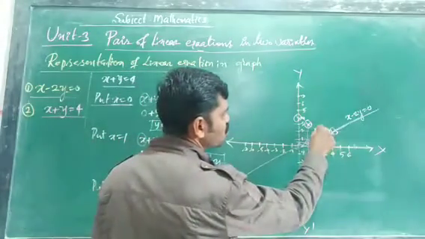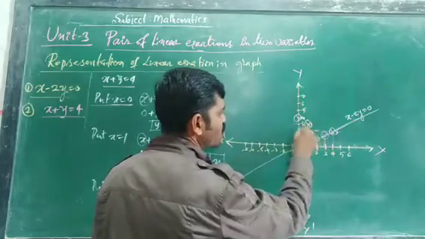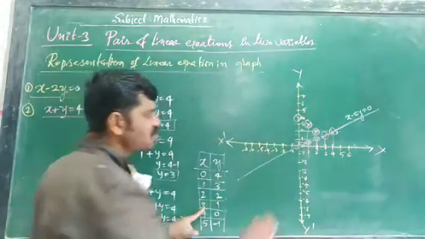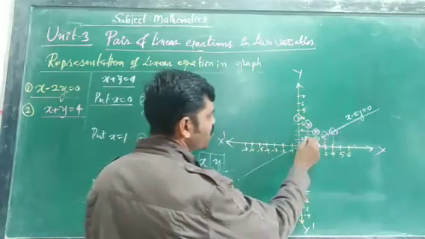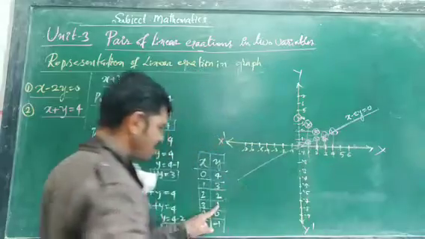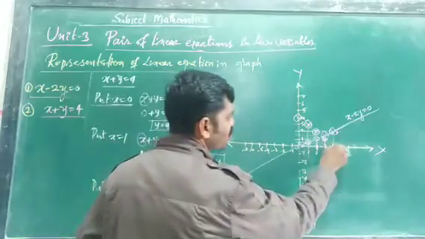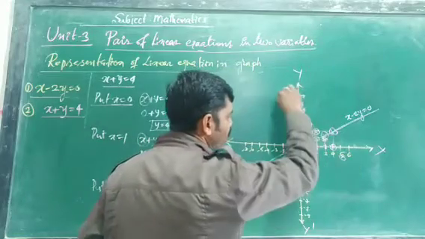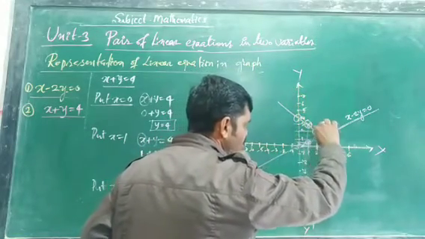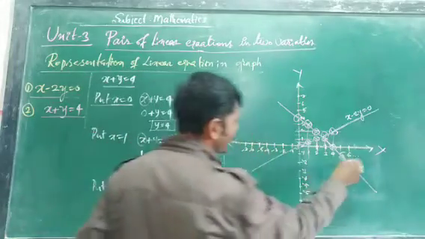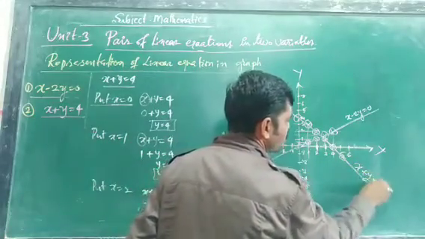It is also 2. It comes here. When x is equal to 3 is given, y is equal to 1. Here it is. When x is equal to 4 is given, it is 0. When x is equal to 5 is given, it is minus 1. It continues like this. The graph continues like this. And this graph's name is x plus y is equal to 4.